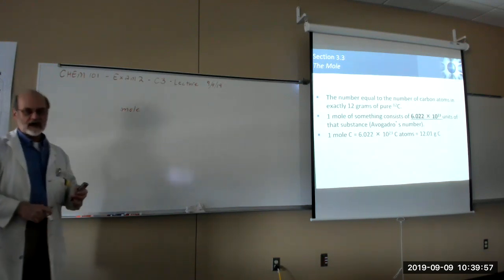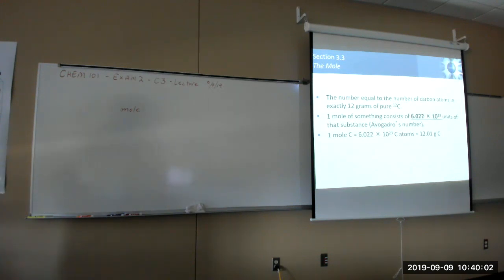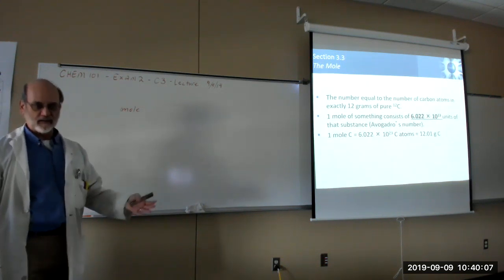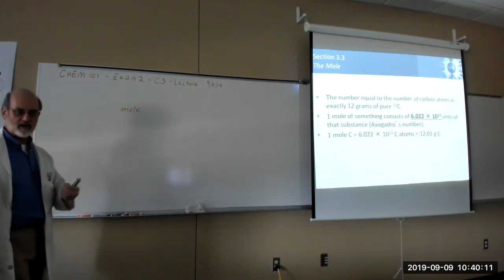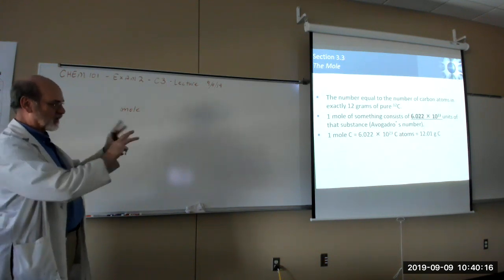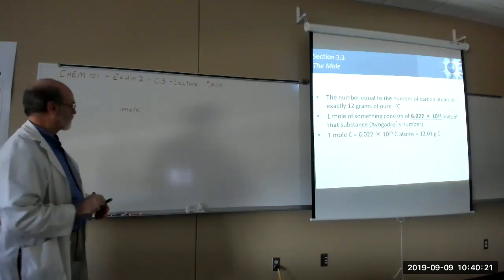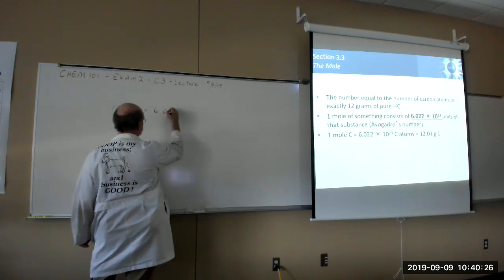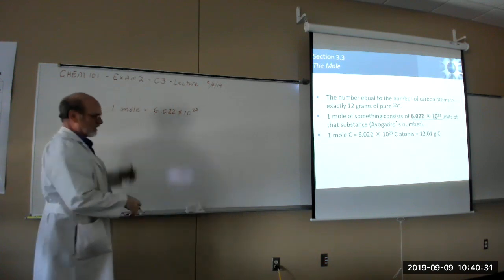It's also called Avogadro's number, named after the Italian chemist whose concepts led to its development. I don't think he ever determined that number, but they give him credit because the work he did was pivotal to establishing the relationships that the mole allows us to consider. So 1 mole is this value of anything.